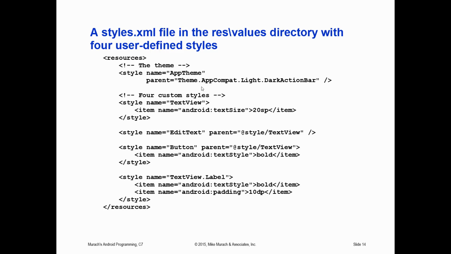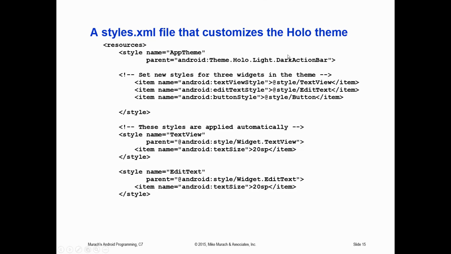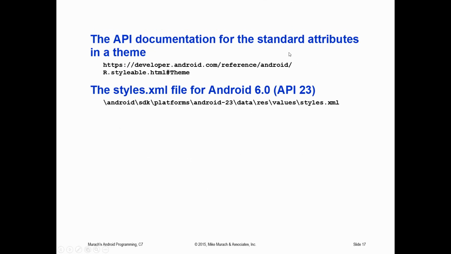The next four elements that you see in here define custom styles that are used to apply formatting to all the widgets of the Tip Calculator app. Wish they'd shown a picture here, but they don't.